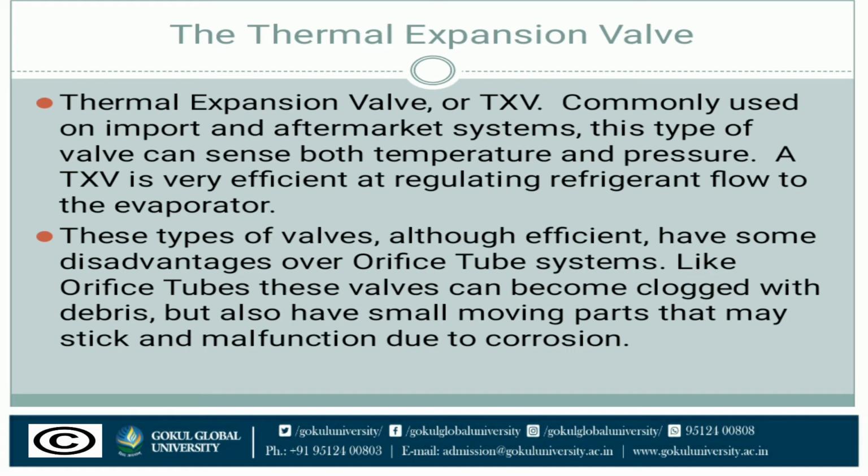The thermal expansion valve is also used in place of the orifice tube. Like orifice tubes, this valve can become clogged with debris, meaning foreign particles, but it also has small moving parts that may stick and malfunction due to corrosion. In this thermal expansion valve, there is a very tiny hole, and the refrigerant gas passes through this tiny hole and releases its pressure.